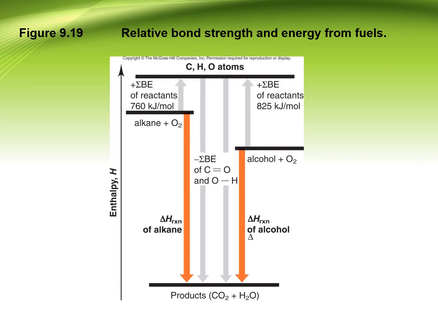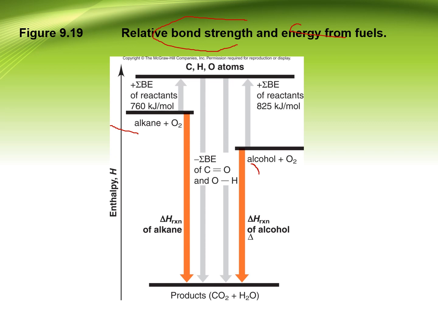This figure shows you the relative bond strength and energy from fuel. As we know, fuel reacts with oxygen and releases energy. Between alkane and alcohol, which one is a better source of fuel? Let's see the bond energy for each reactant.